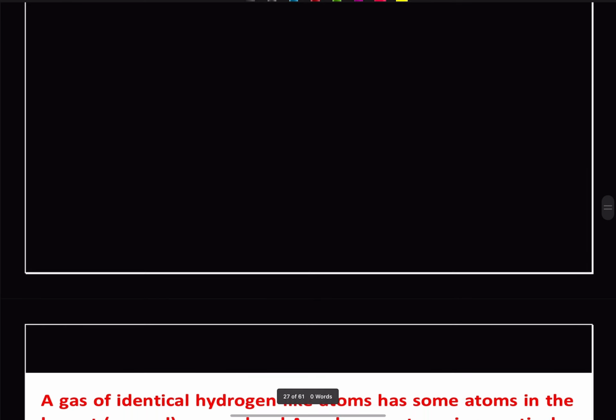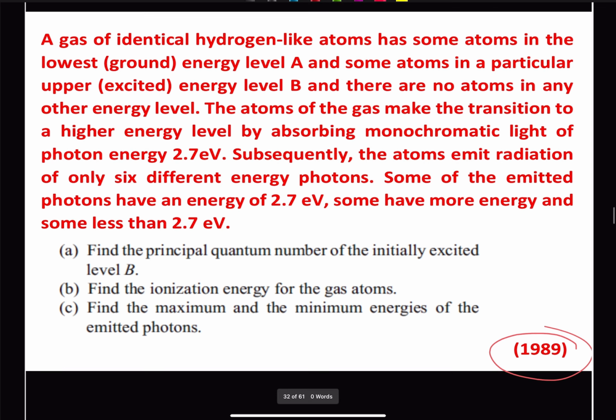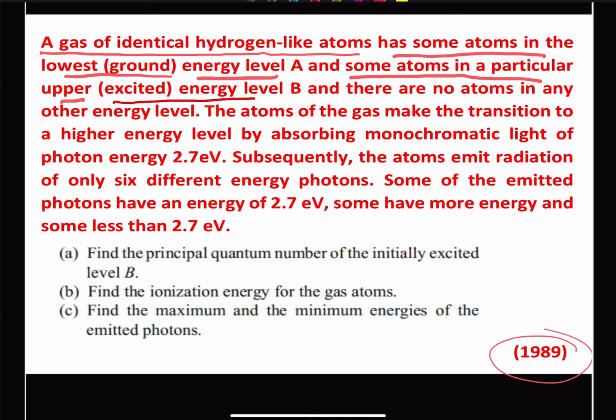Next question. It was asked in the year 1989, and it states that a gas of identical hydrogen-like atoms has some atoms in the lowest energy level A and some atoms in a particular upper excited energy level B. There are no atoms in any other energy level.